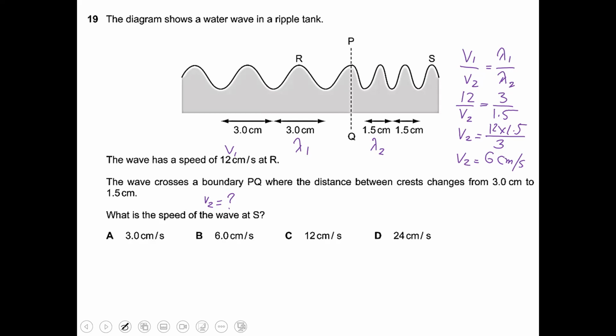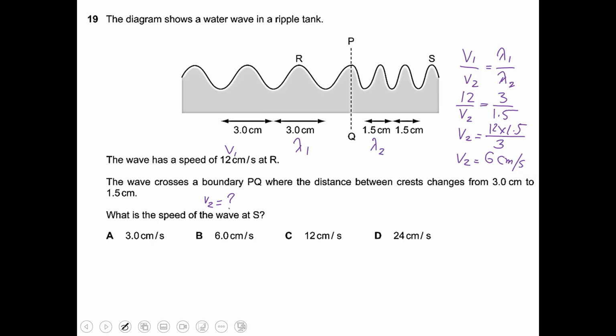It's 2. Right, it's 2. Then cross multiply. V2 goes there, 2 comes down. It will be 12 upon 2. You might be making a mistake in cross multiplication.